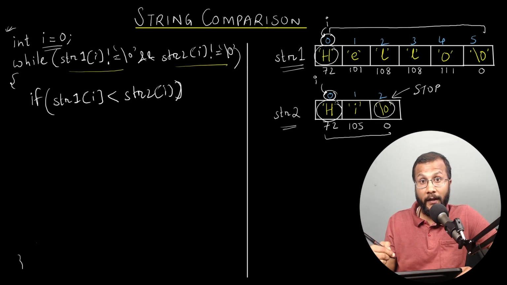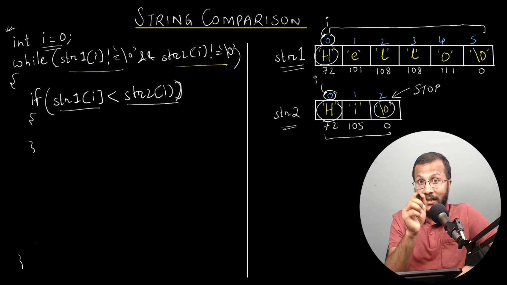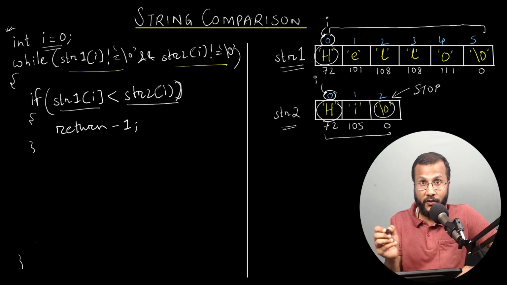You'll compare whether the ASCII of the first character is less than the ASCII of the second character. If this happens to be true, then the ASCII of the character in the first string is less than the ASCII of the character in the second string. That means the first string is less than the second string. Therefore, in that case, I'll have to return the value -1, indicating that the first string is less than the second string.